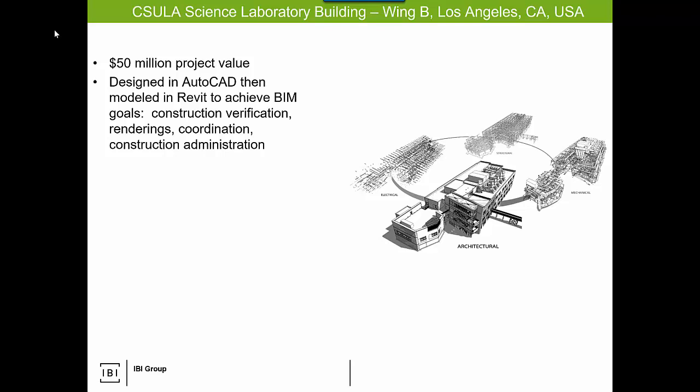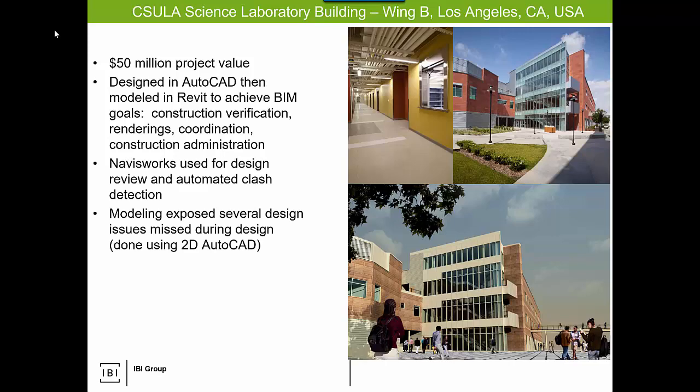What's interesting about this is that the clients pushed this project into the BIM world, and once that was done, several clashes were found that were not exposed during the 2D design. Because the modeling was done post-design, pre-construction, we were able to save a significant amount of the client's money relative to what would have had to be either change orders or adjustments during construction.